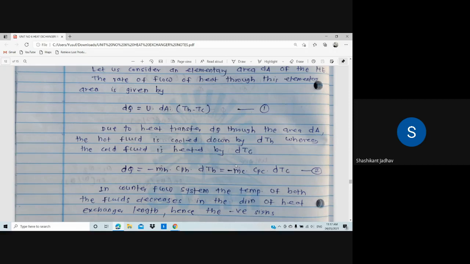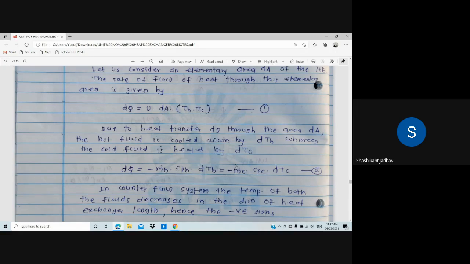Okay, so by using that we have to write down the equation for the dQ. And what is the equation for the dQ? For the hot fluid, that is m dot h into cph into dTh, that is the temperature difference. So we have written it in the form of dTh.